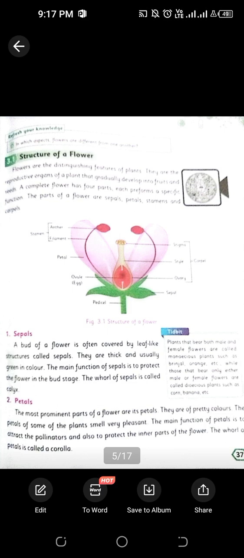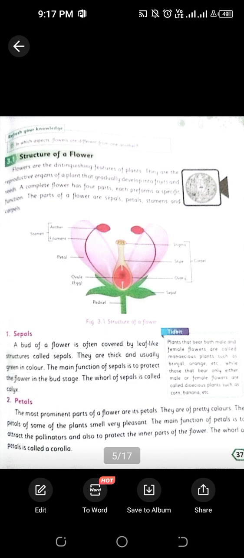Then we have discussed the four main parts of the flower: sepal, petal, stamen, and carpel. You can see in figure 3.1 we have differentiated four different parts of a flower. First of all, it's sepal, which is the green part. The green leafy structure is known as sepal. Then we have petals. Petals are the colorful parts of the plant.